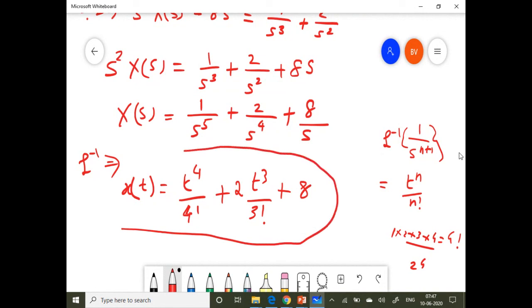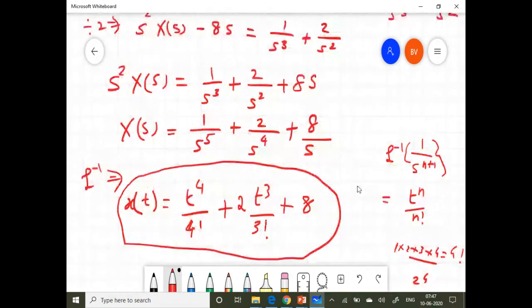We'll go for y of t now. Y double dash of t. Let's go and check the combination of x and y.